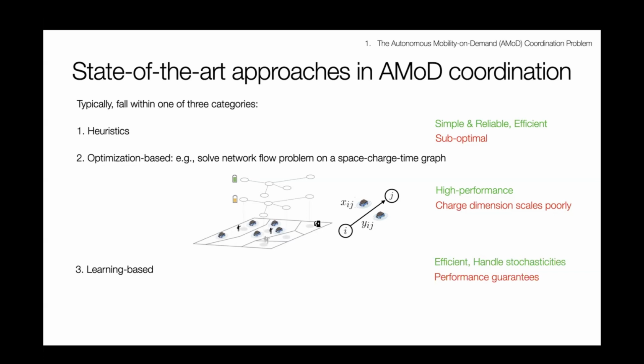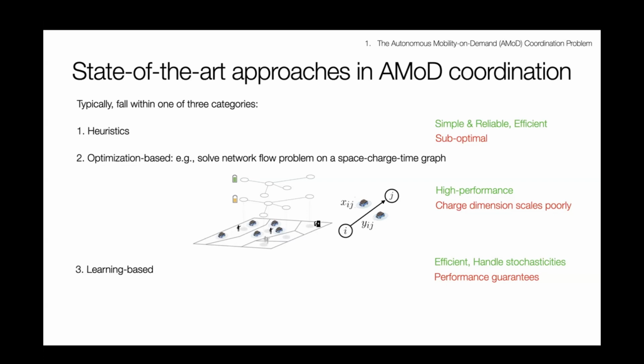A third class of methods is learning-based approaches, which on the other hand are extremely efficient because once trained, computing an action entails a forward pass in a neural network, for example. They are also pretty good at handling stochasticities, which could be complicated for optimization-based methods, where you would have to rely on, say, stochastic optimization.